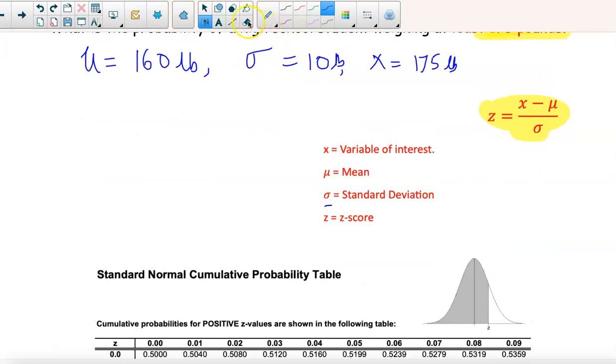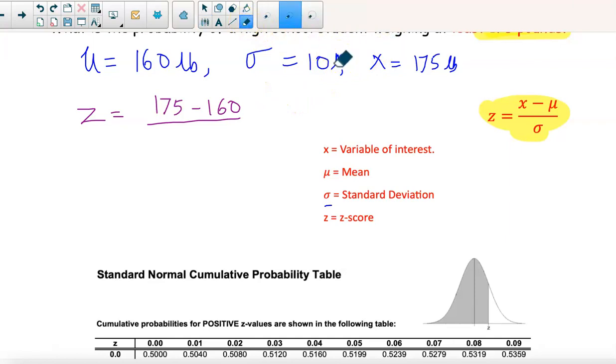Okay, so let us do that. z is equal to, substitute the values, x, that is 175 minus 160, divide by 10. So let us simplify.